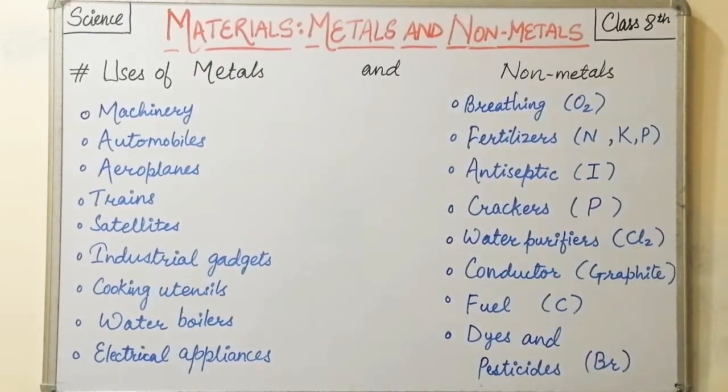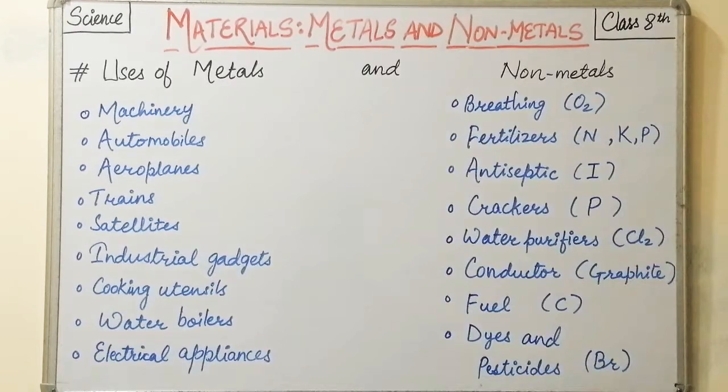Again here we have different fertilizers which are made up of non-metals like nitrogen, potassium and phosphorus. So NPK, we have heard about NPK, which is a fertilizer, in our first chapter, crop production and management.